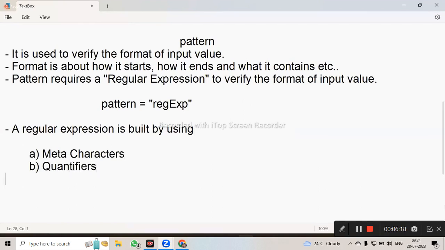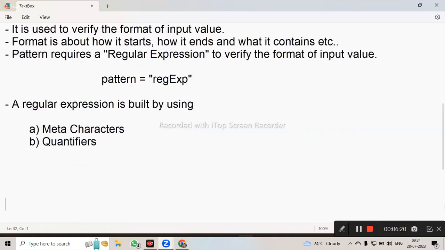By using meta characters and quantifiers, we build this regular expression. What are those meta characters and quantifiers? That is what we have to learn.